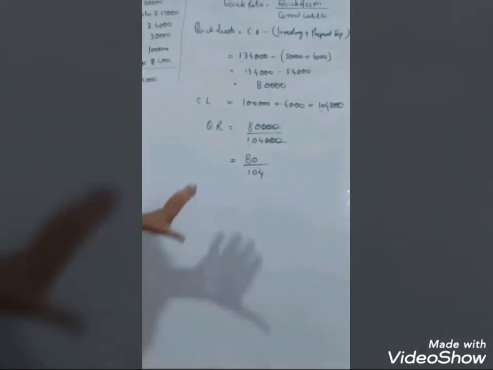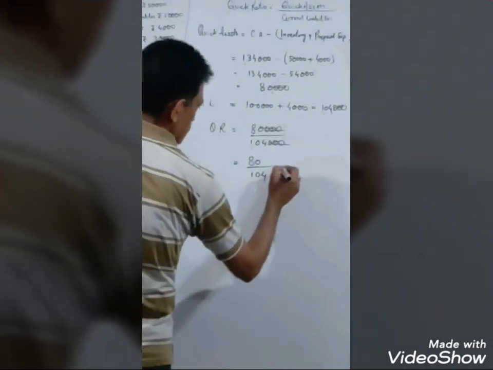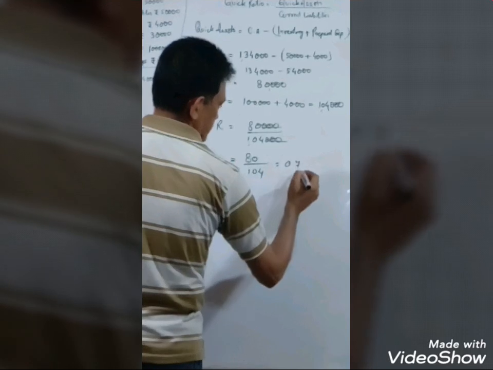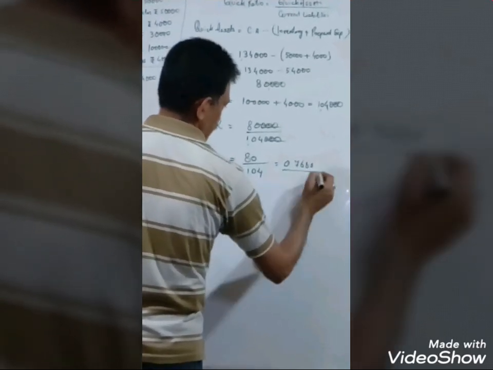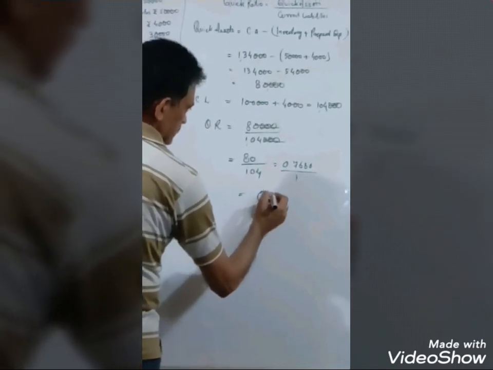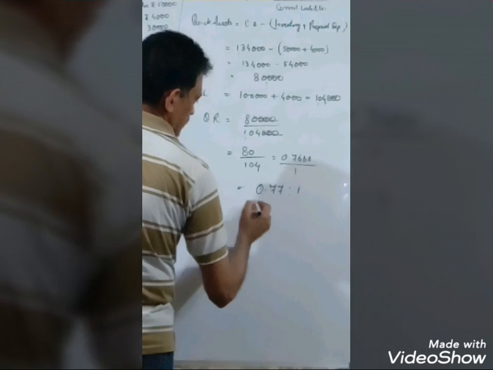Now again we have to divide 80 by 104, then we will get 0.7688. It will go on. We will round it up, 0.77 ratio 1.